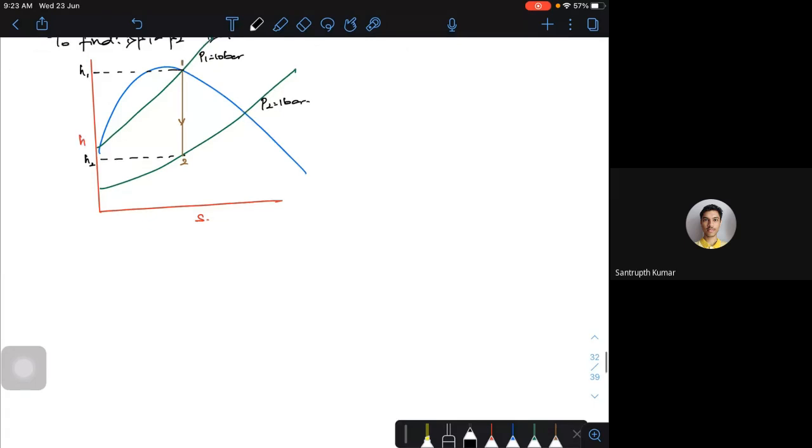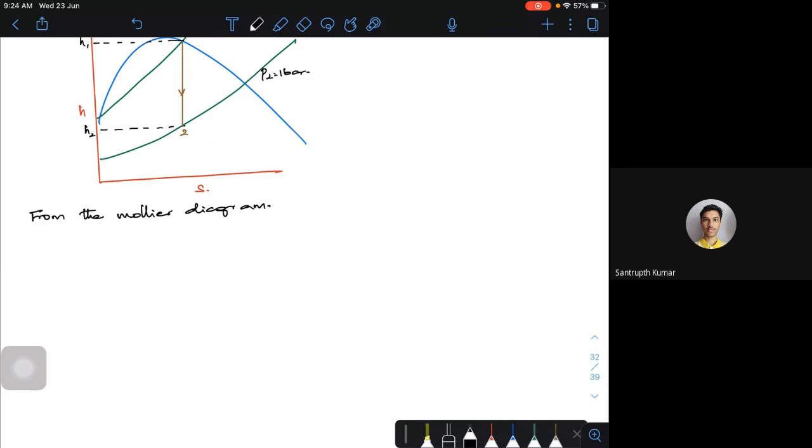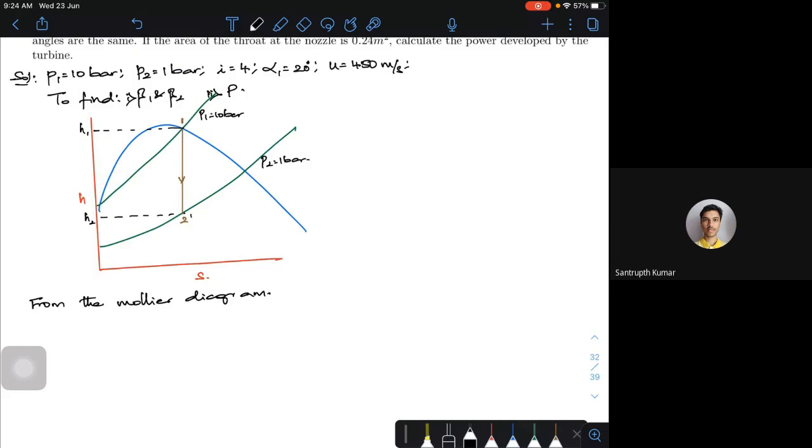So now let's go to the Mollier diagram, corresponding to 10 bar dry saturated condition, that is on the saturation line. Then H2, maybe 2 dash, if I go with an actual one, it may be something like this.